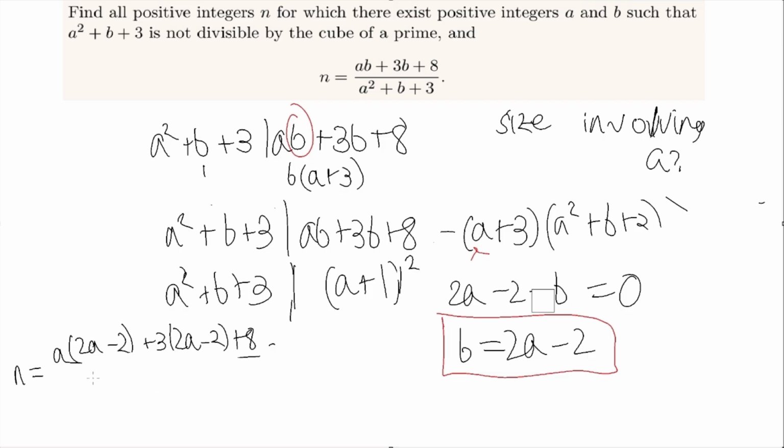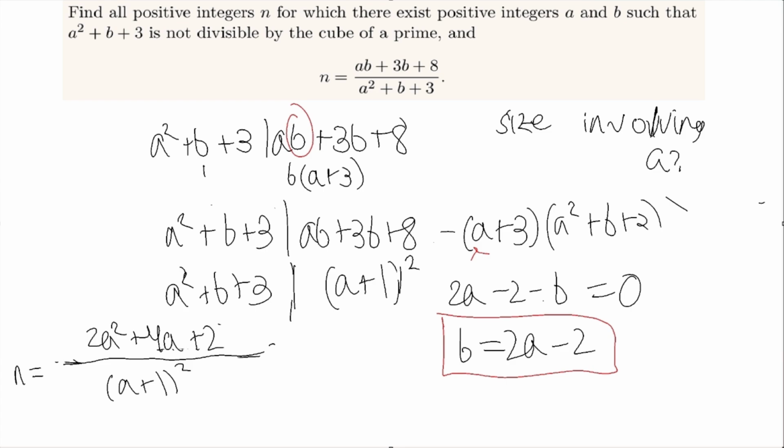This one here becomes a plus 1 squared. And this one on top here, if you end up expanding it, is 2a squared plus 4a plus 2. But you might recognize that this is 2 times a plus 1 squared over a plus 1 squared. These guys cancel out, and therefore n is equal to 2.